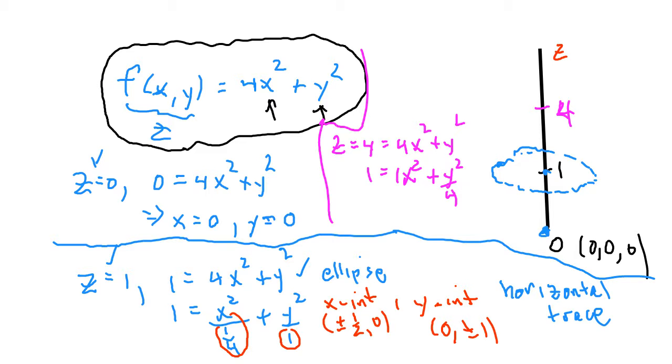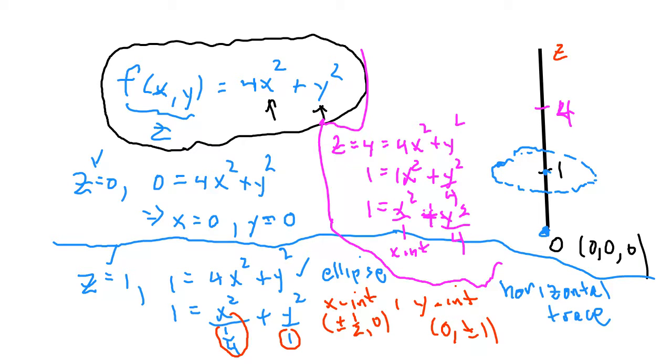That's going to be yet another ellipse, right? And the x-intercepts are going to be plus or minus 1, and the y-intercepts are going to be plus or minus 2 for that.